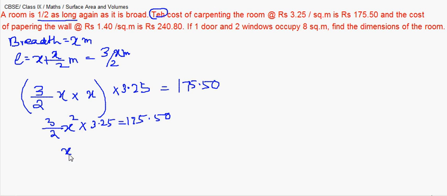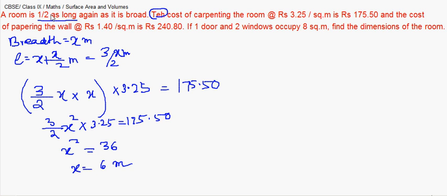So x square I'm getting as, give me a minute, 175.50 into 2 by 3.25 into 3, that's giving me 36. If x square is 36, x will be 6 meters.